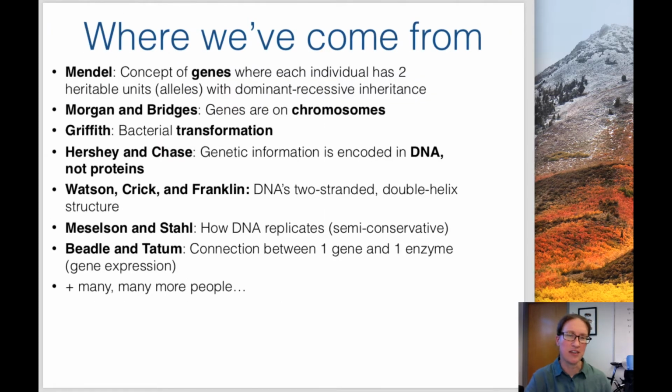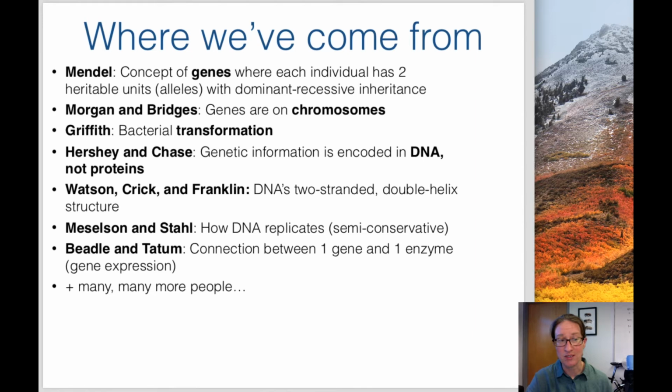Okay, so let's just take a step back and evaluate where we've come from. We started this section of the course talking about Mendel's discovery of the concept of genes, where each individual has 2 heritable units and things are inherited in a simple dominant recessive fashion. From there, we transitioned forward to Morgan and Bridges' discovery that genes are found on chromosomes. I also talked a little bit about Griffith's study of bacterial transformation, figuring out that DNA is heritable material.